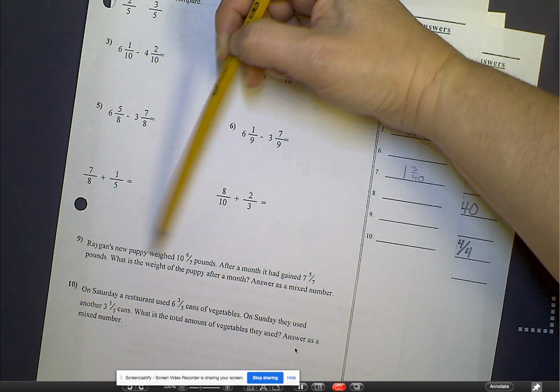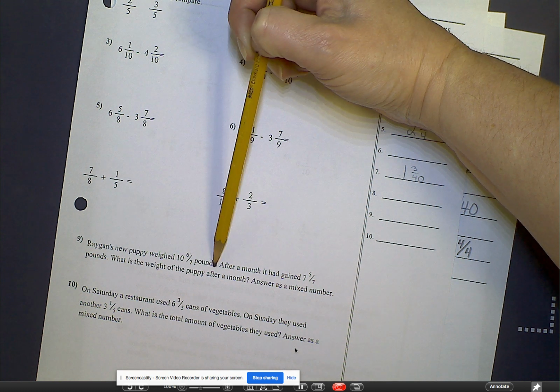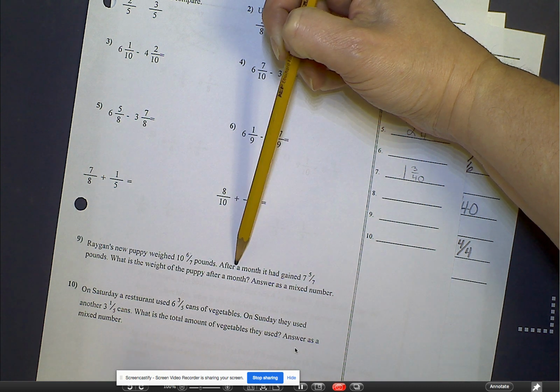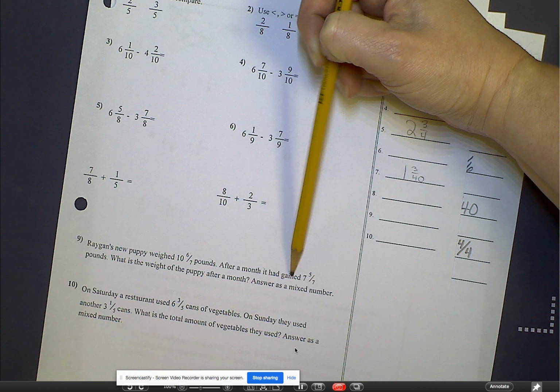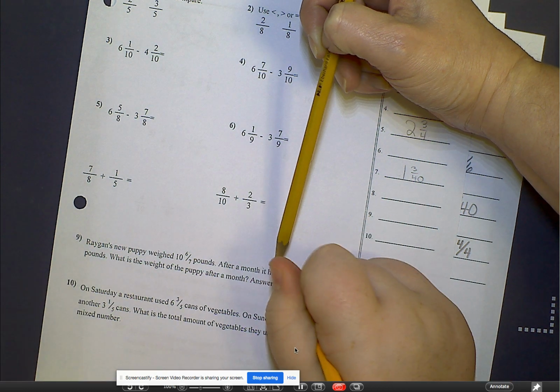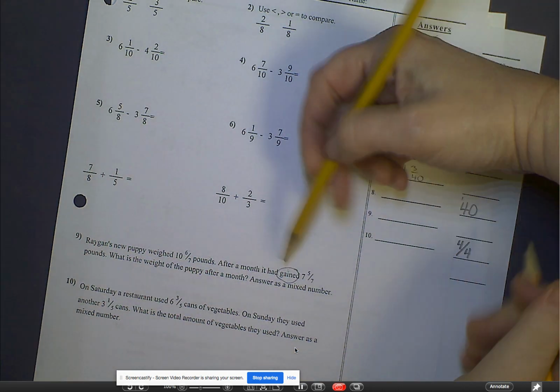Reagan's new puppy weighed that much. Is that going to tell you to add? No. After a month, anything there? No. It had gained. Gained. So if you gain something, you get more of it.